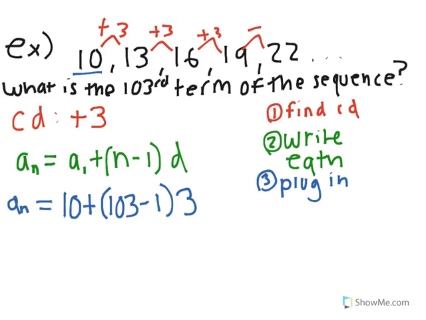Or, in this case, we can just write a of 103. Now, when I solve this out, I get 316, because our next step was to solve.